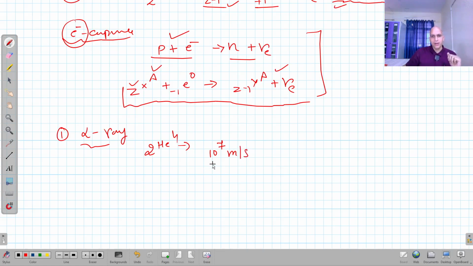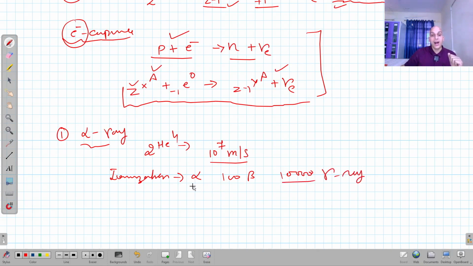We can say. Now I am discussing the properties because usually questions are asked on these different particles or rays, that which one has highest ionization power, which one has highest penetration power. So if I talk about the ionization power, then alpha particle has the highest ionization power. It is 100 times that of beta particles and 10,000 times that of gamma rays, right?